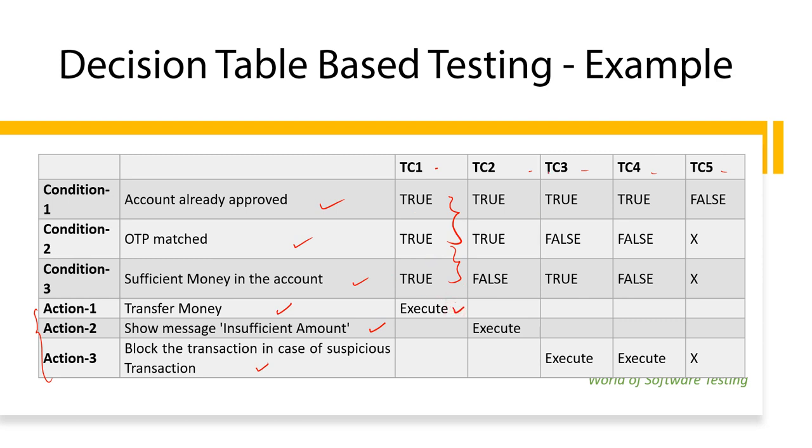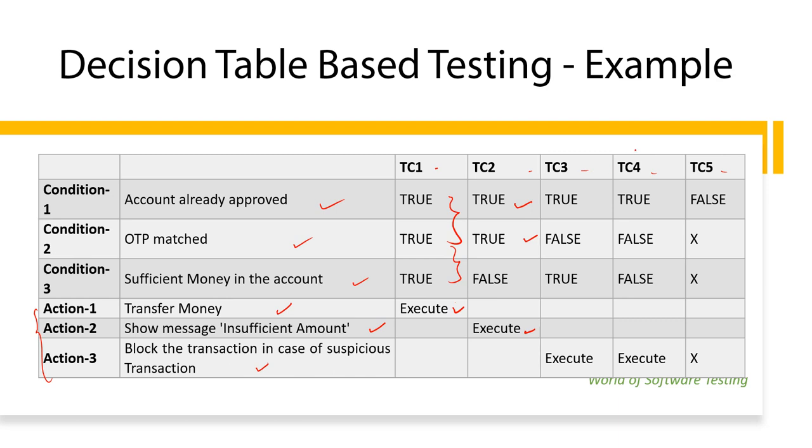In test case 2, we have account approved and OTP matched, but we do not have sufficient money in the account. So it should perform action 2, that is show message insufficient amount. So this should get executed.